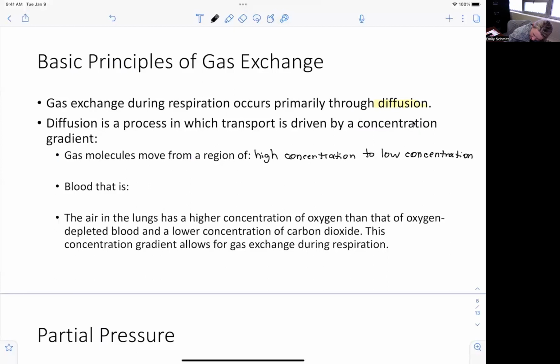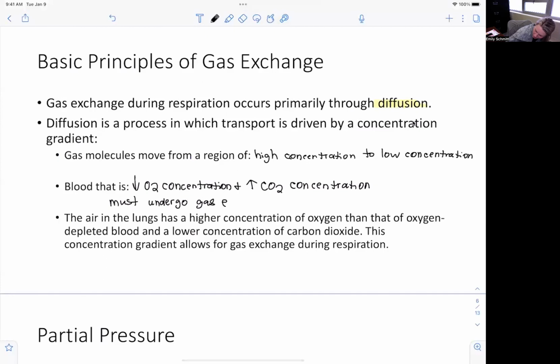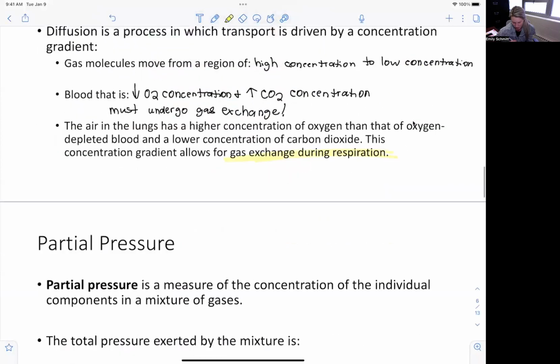So blood that is low in oxygen concentration and high in carbon dioxide concentration must undergo gas exchange. So the air in the lungs has a higher concentration of oxygen than that of the oxygen depleted blood and a lower concentration of carbon dioxide. So this concentration gradient is really what's going to allow for gas exchange during our respiration.